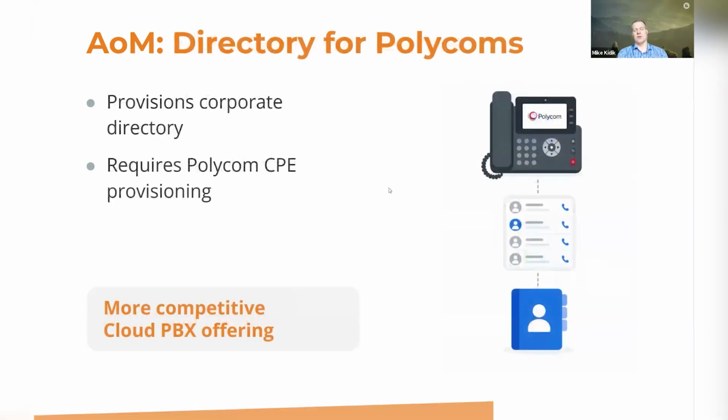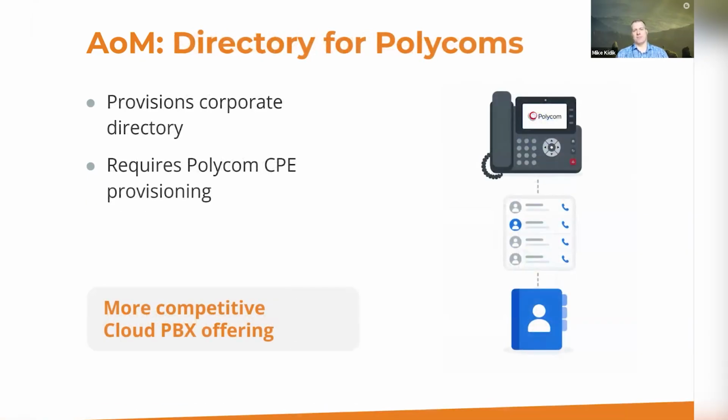Now, the last module in the Add-on Mart is probably the simplest one. That's basically the module for Polycom phones, which allows provisioning of corporate directories or corporate phone books. During the previous webinar, I described such a module for Yealink phones, but I know that some of you do provide Polycom phones.